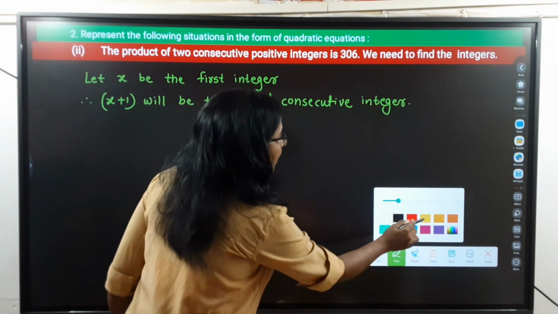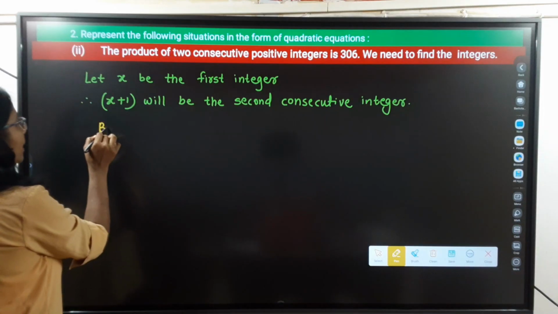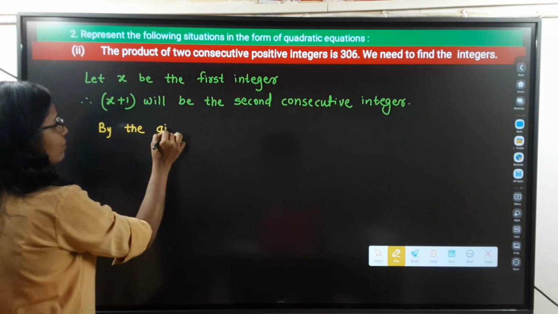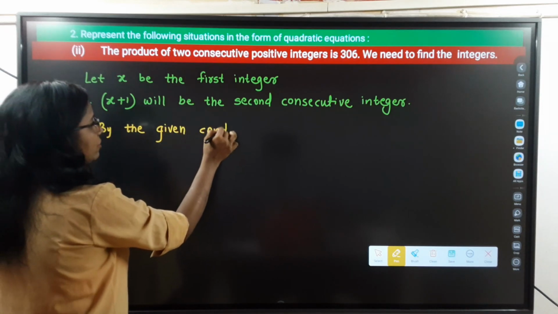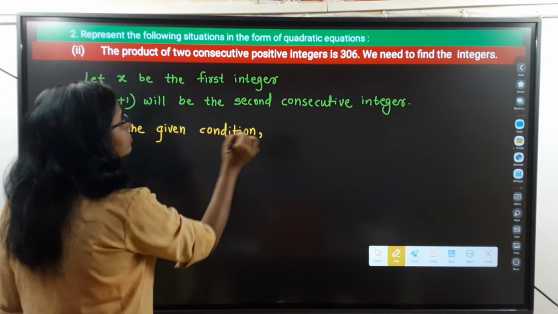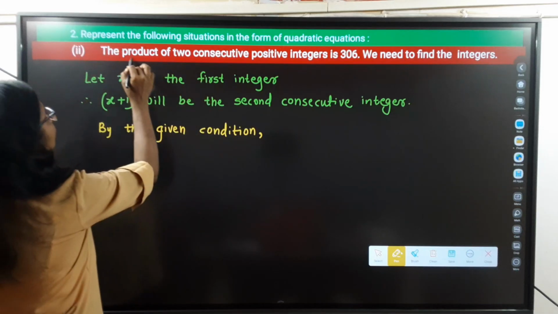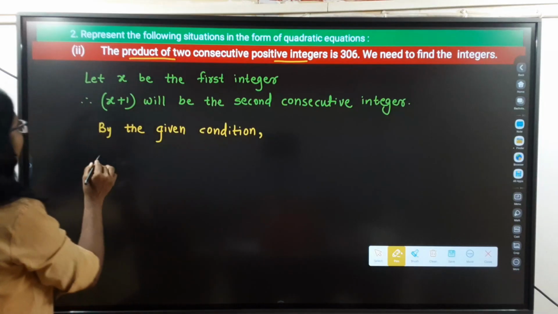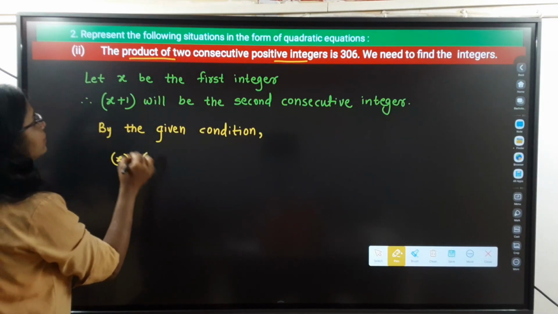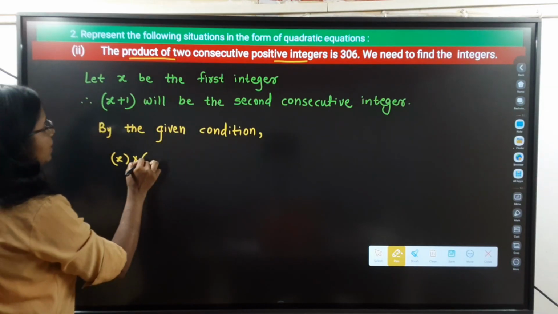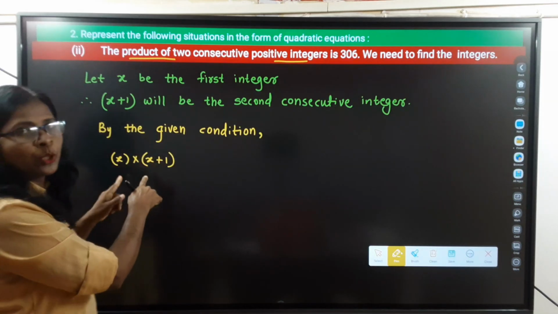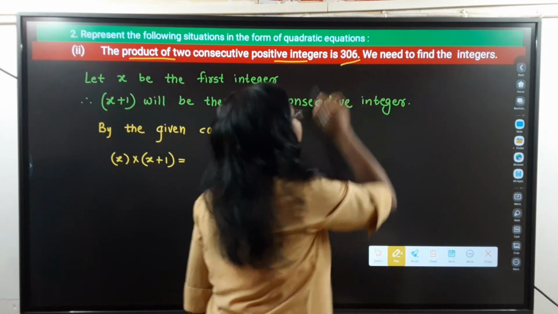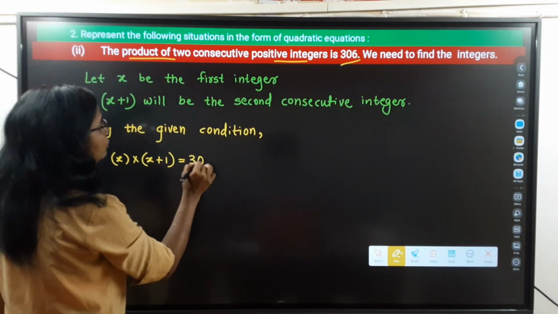Then by the given condition, the product of two consecutive positive integers, where the first is x and the second is x plus 1, is equal to 306.